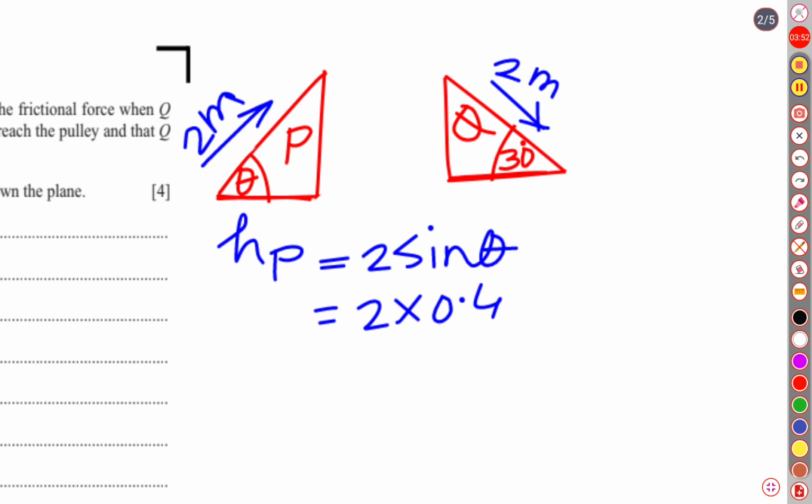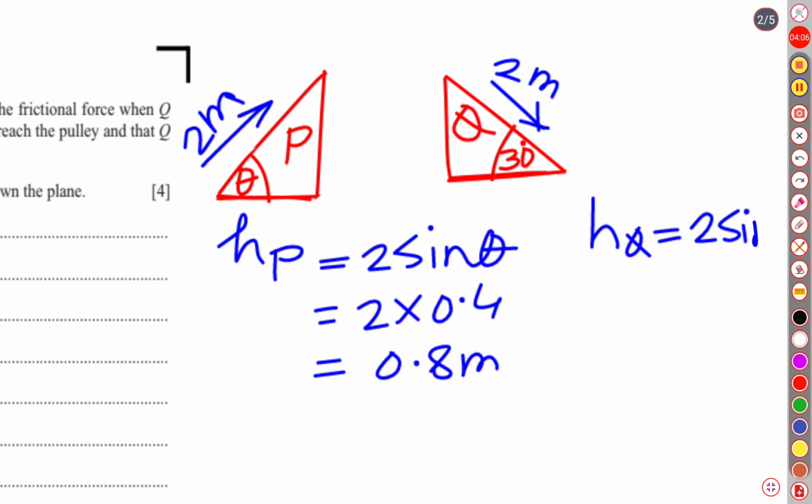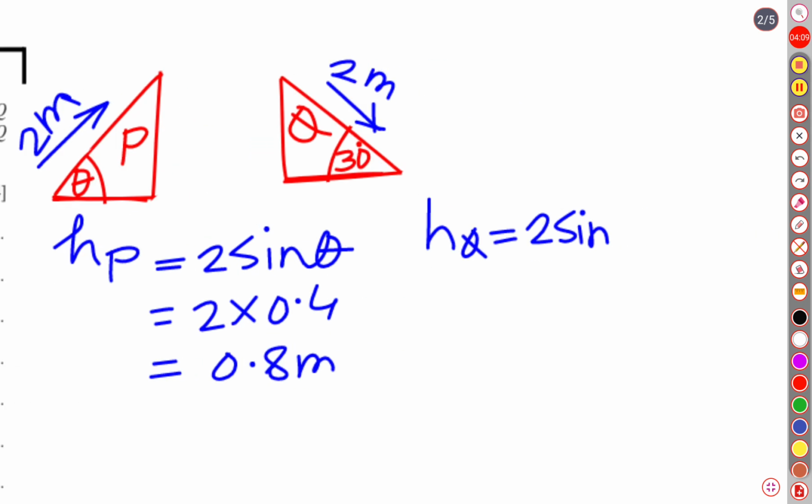So it is going to be 0.8 meter for P. And for Q, the height of Q is 2 sin 30 degrees. Sin 30 means half.